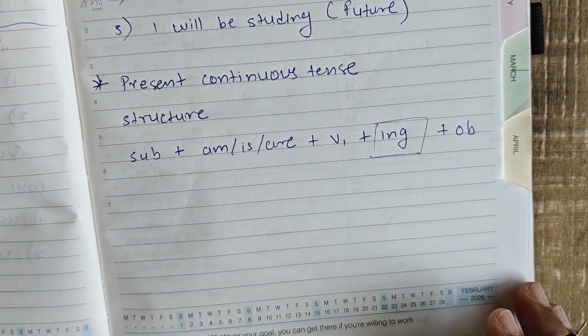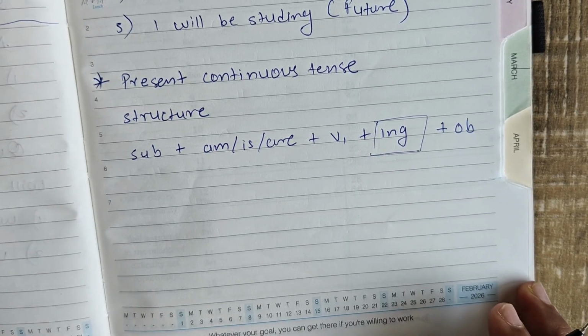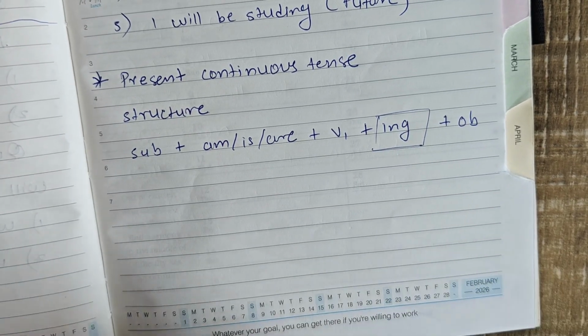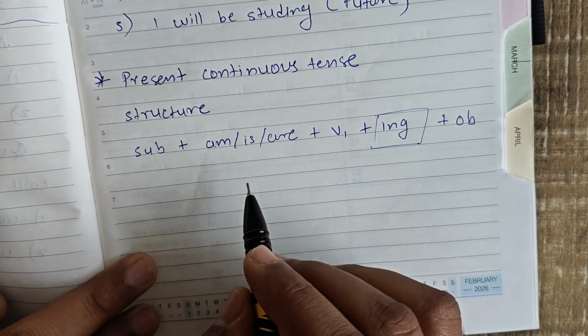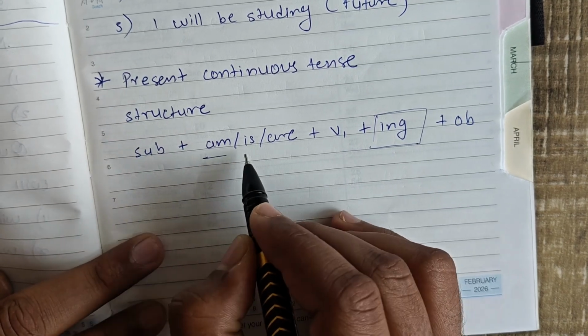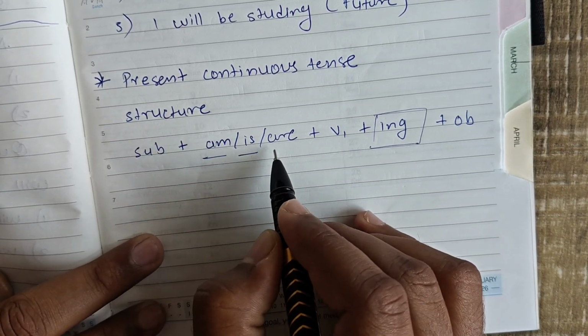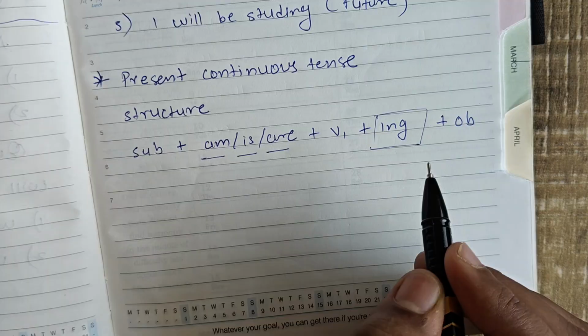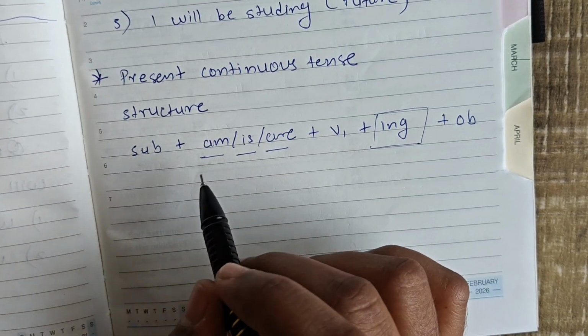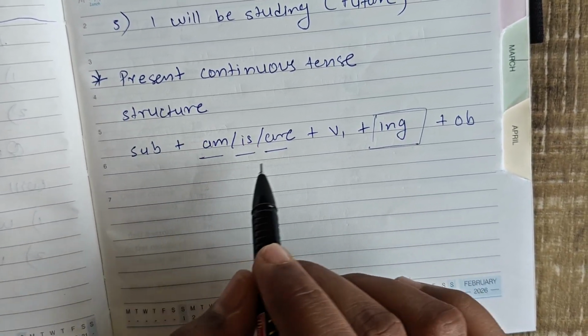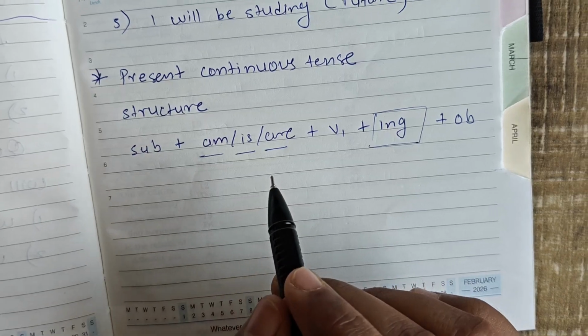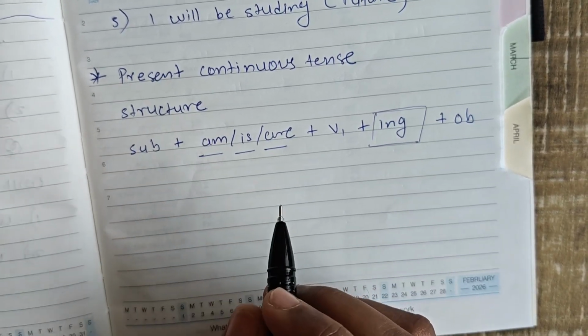Let's see one or two examples. Then I will explain when to use am, when to use is, and when to use are, the uses of each helping verb.